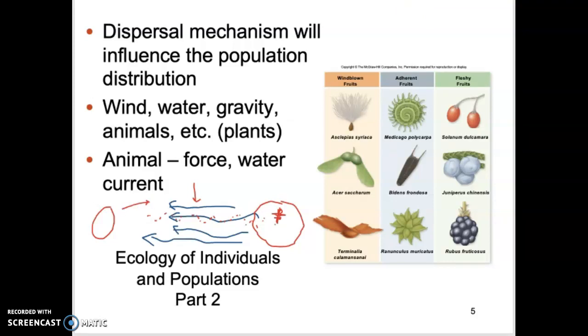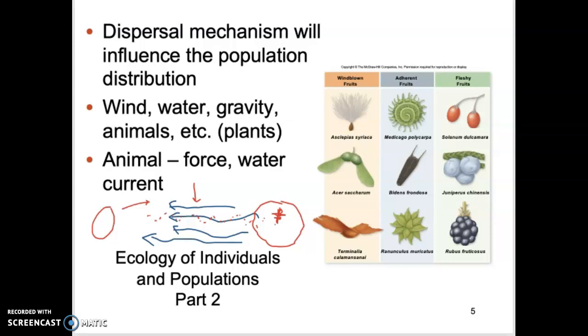So understanding how individuals get dispersed in populations is very, very important. Think about how viruses spread. Well, a virus is carried by a host, and if you know the dispersal of the host, you can understand how the viral population will get dispersed.